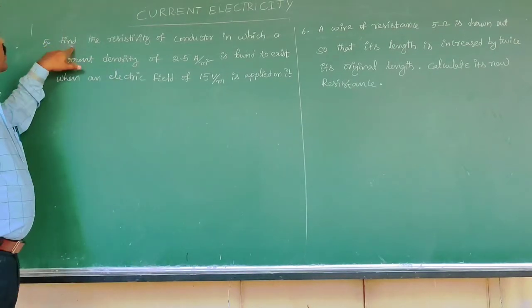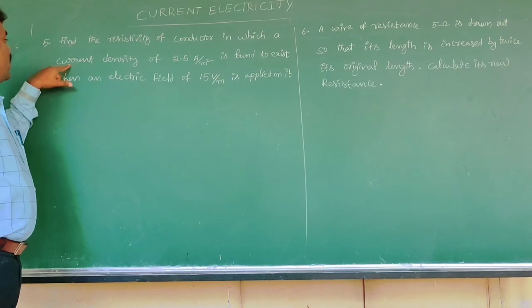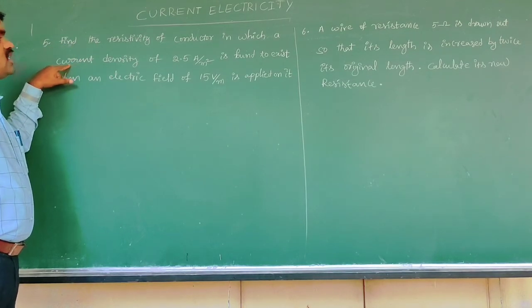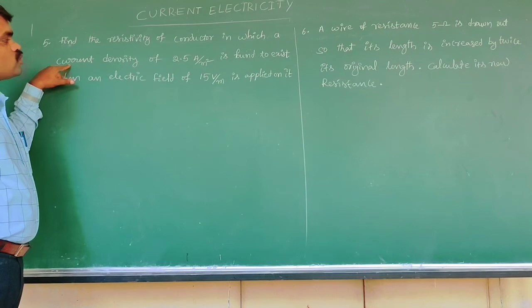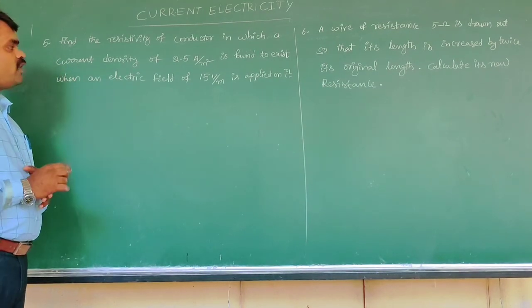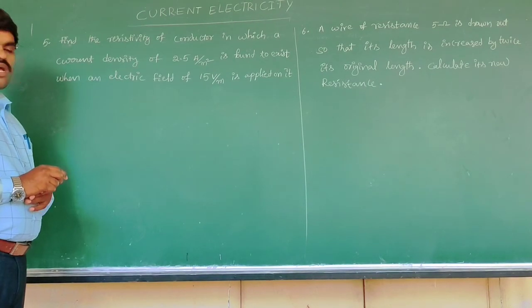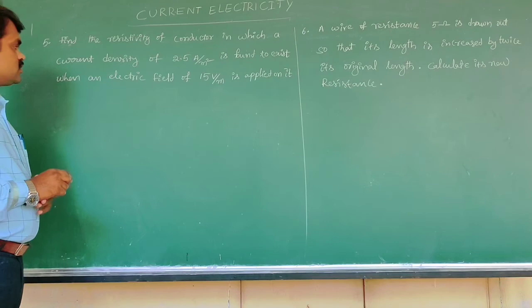The resistivity of a conductor in which a current density of 2.5 ampere per meter square is found to exist when an electric field of 15 volt per meter is applied on it.